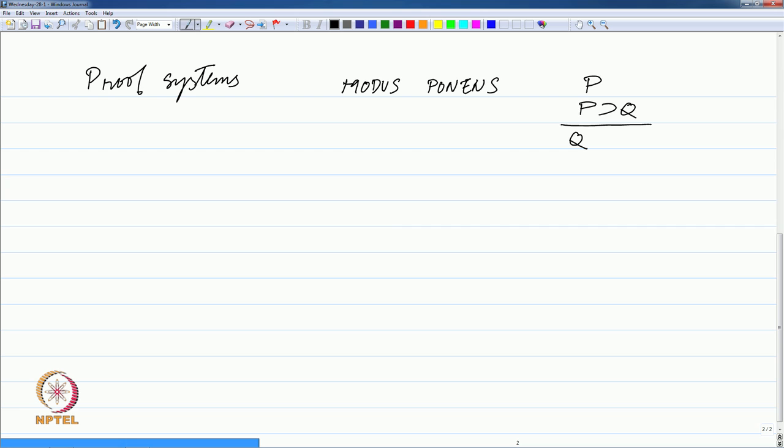We also write this, if you remember, as P comma P implies Q, and we use the symbol that we have to derive Q. And this rule we will call MP, which is a short form for Modus Ponens. Now, the first thing to emphasize, which I have done earlier also, but just to repeat, is that P and Q are propositional variables.